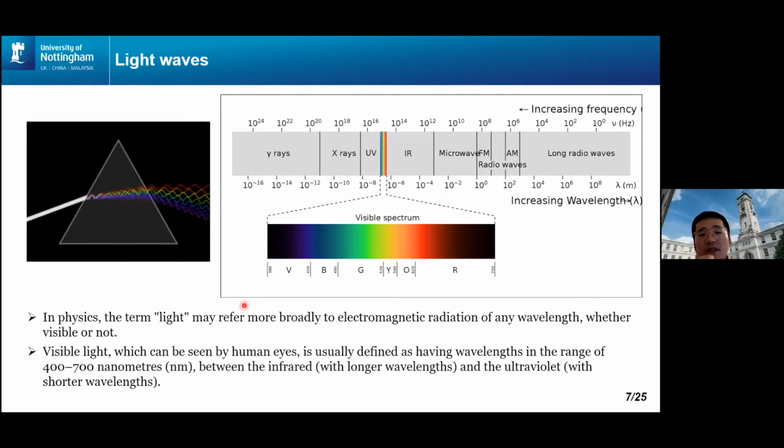As you can see in the right hand figure, the visible light which can be seen by human eyes is usually defined as having wavelengths in the range of 400 to 700 nanometers, between the infrared and the ultraviolet.